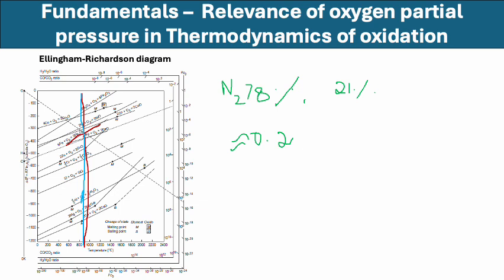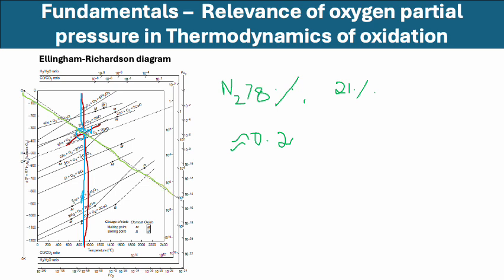Let's say the intersection point here is called N, and then we have this point O on the leftmost corner of the plot. Then we draw a straight line to intersect this point N, which is formed by intersecting the iron oxide equilibrium line in the free energy versus temperature plot and our constant temperature line, this blue line. If we draw a straight line to intersect that point and continue drawing this line, this is the dotted line in the actual diagram.